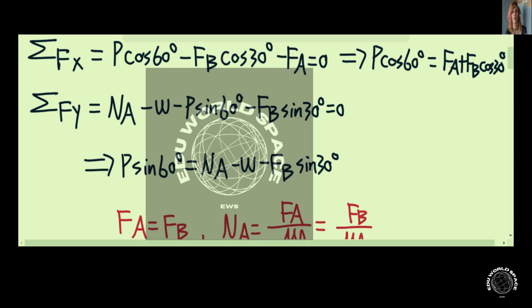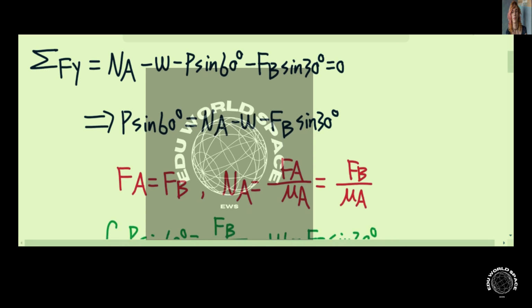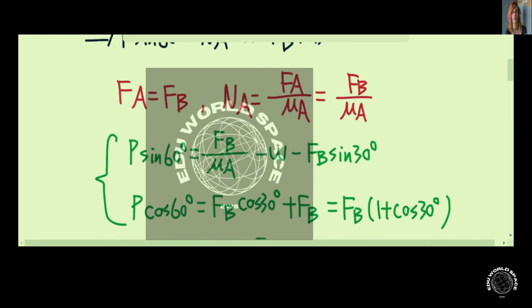Now, remember, Fa is equal to Fb, which means that Na is equal to Fa over mu A, which is equal to Fb over mu A. This gives us two equations.